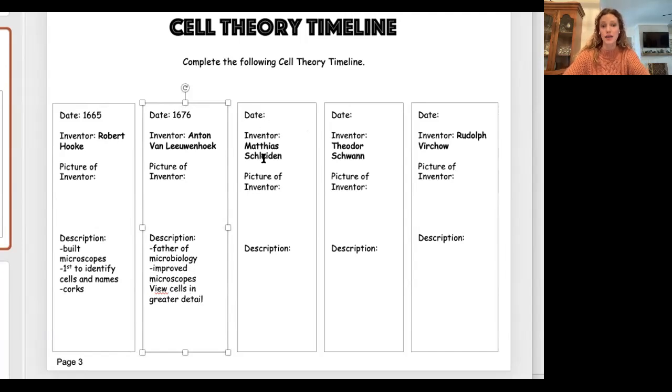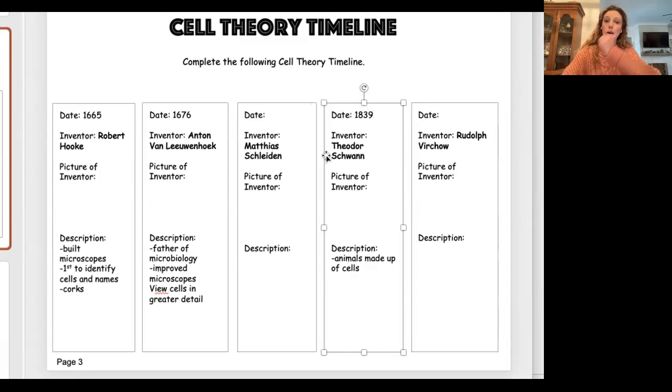Okay. So Matthias Schleiden. Now we have Schleiden and Schwann, two S's. Which one sounds like an animal? Schwann sounds like an animal. So we know he's going to be our, so we can skip down to here. So animals made up of cells. We'll go ahead and give his date, 1839.